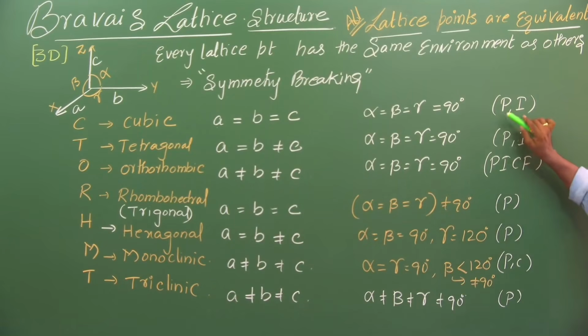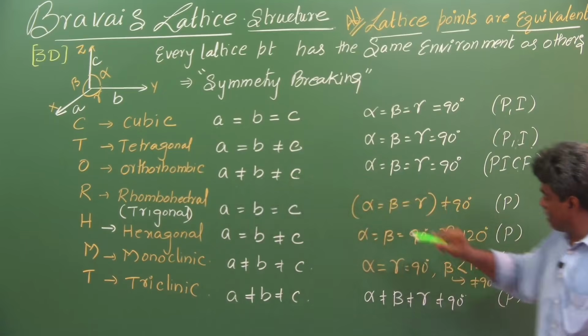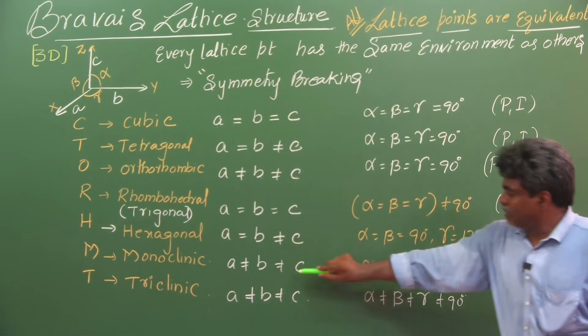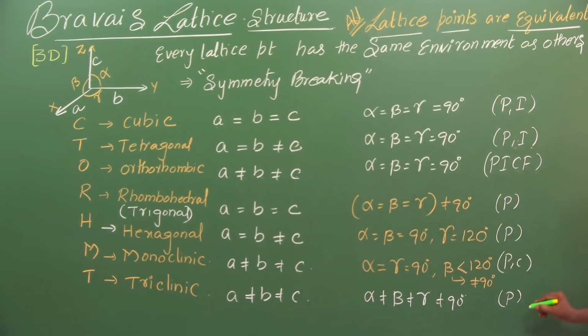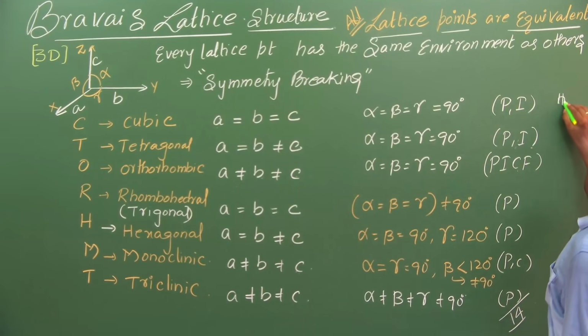I told you earlier, P for simple cubic, I for BCC, C for base center, F for face center. See, base center exists only for A not equal to B not equal to C. So like this, total 14. So this is your homework.